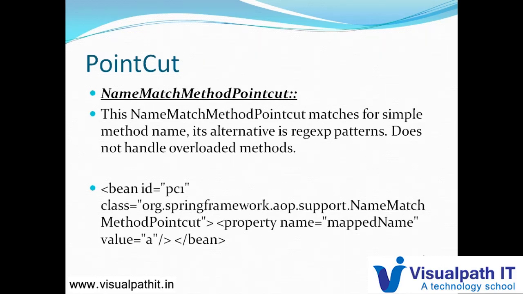So first, before all those things, let's recap what exactly a pointcut is. A pointcut is a point of execution at which the cross-cutting concerns are applied. It matches a method execution on which an advice is executed.